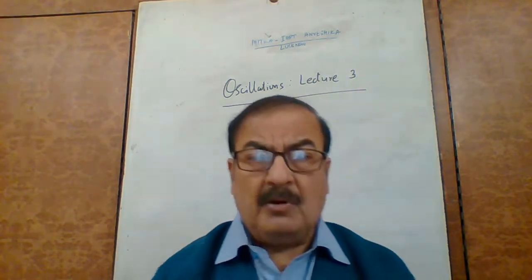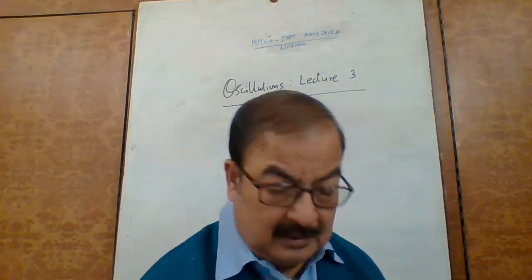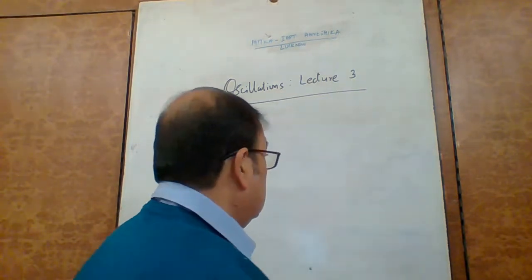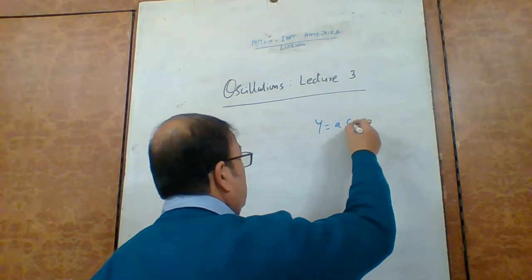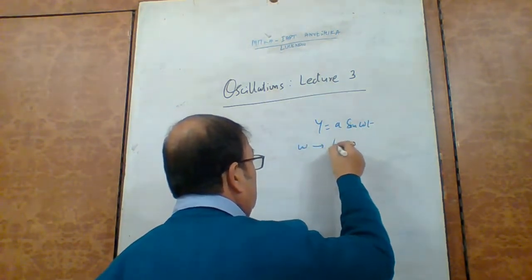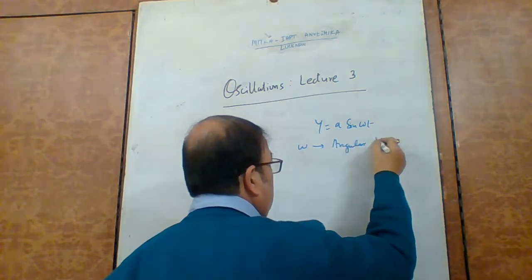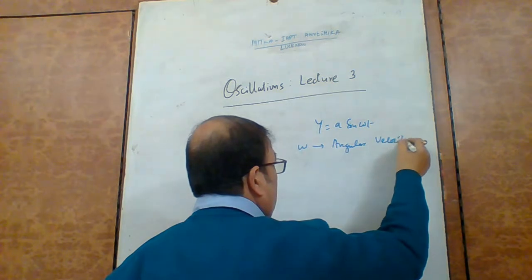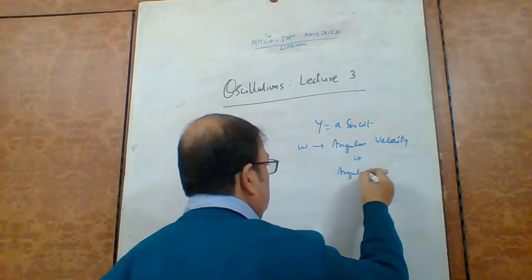Number one. Before we discuss anything, we can also consider that the equation is already known to us: y equal to a sine omega t, where omega is your angular velocity, or sometimes we call it angular frequency.